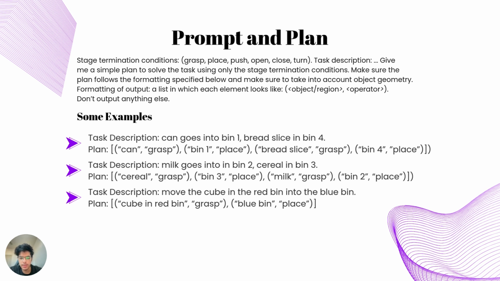It provides the LLM with an explicit format that must be followed while providing the output for the planning task. The format required is a list of tuples where each tuple contains target, region, or object and stage termination condition in this order. Some examples of the prompt and generated plans can be seen here.